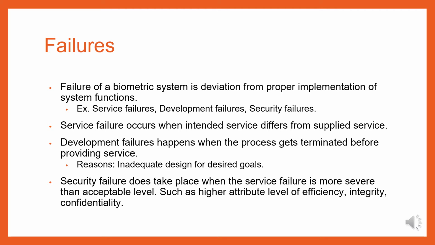The development failures occur when the program gets terminated without providing the desired result, which can be due to inadequate design of workflow. And the security failure will take place when the failure of service is quite severe than the accepted level, like a high attribute level of efficiency, integrity, and confidentiality.